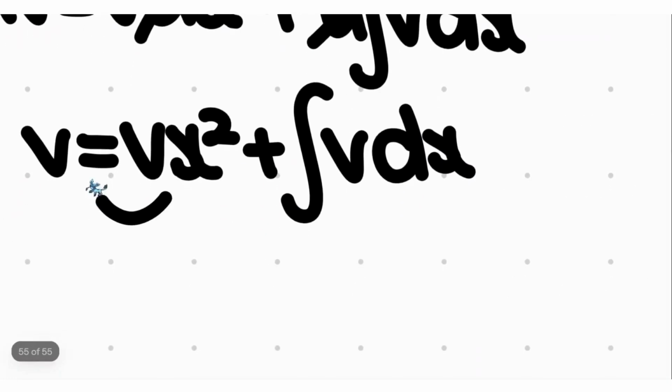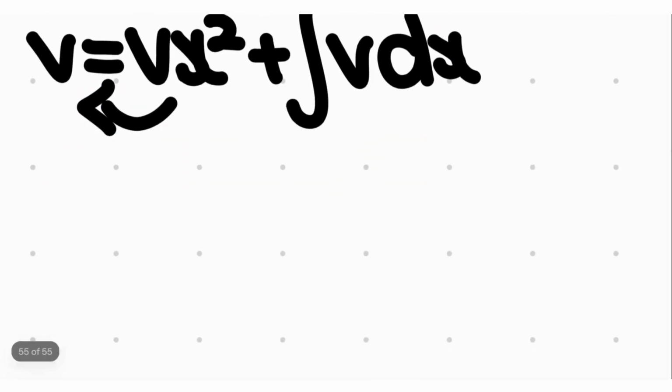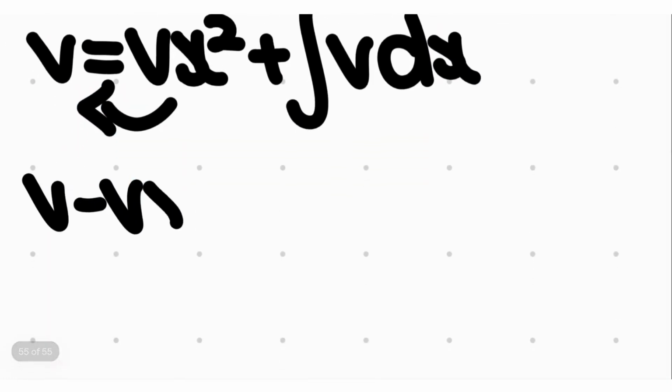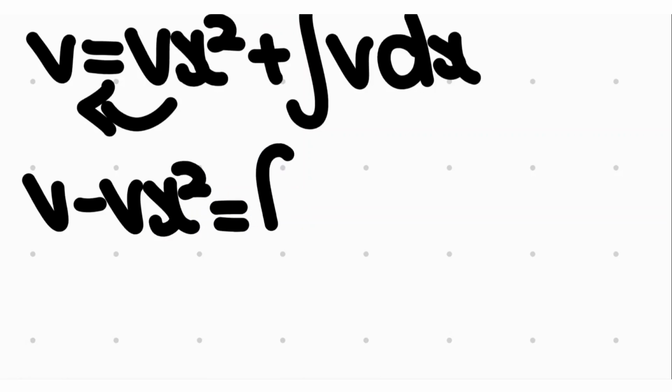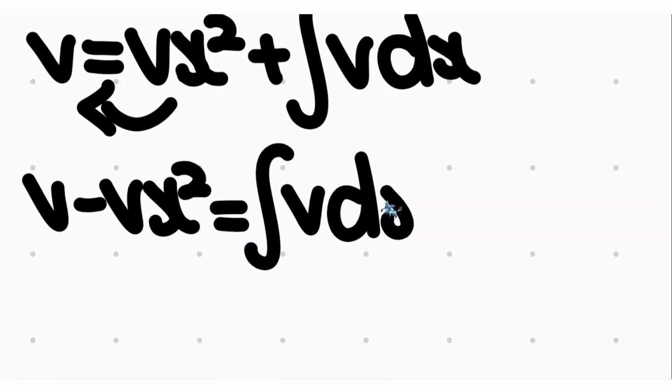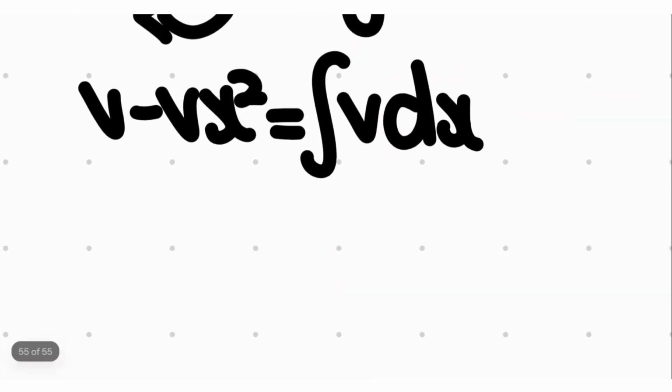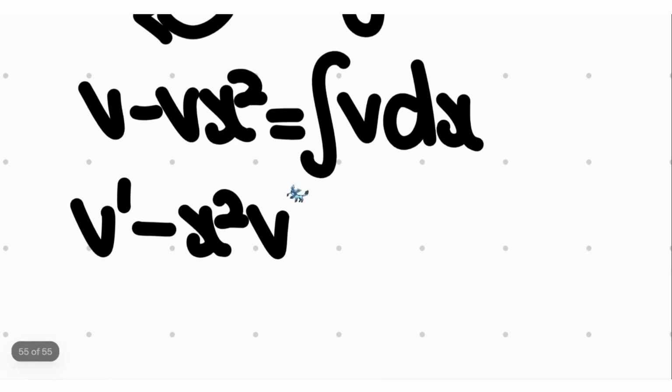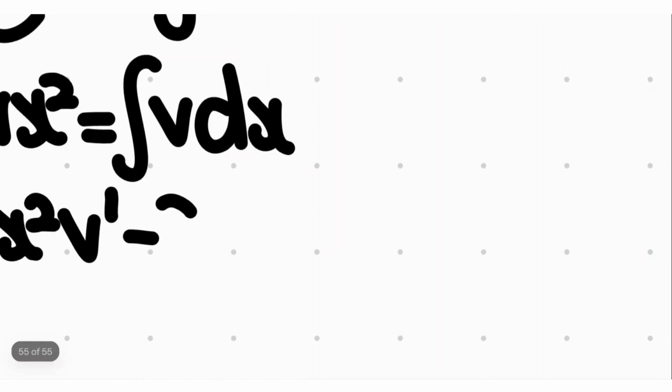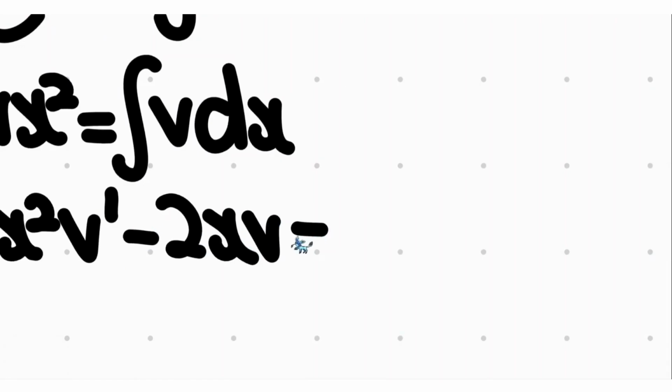So I'm going to bring this term over. v minus v x squared equals the integral of v with respect to x. And again, we will differentiate both sides. So v prime minus x squared v prime minus 2xv equals v.